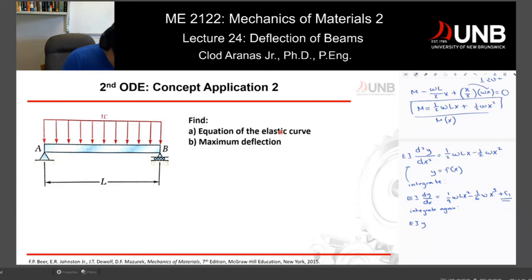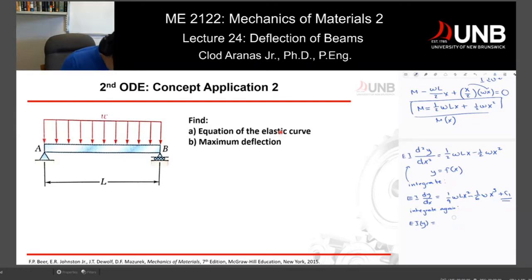So now it becomes EI times y. Now we integrate it again. So now that becomes x raised to 4. You will imagine that this will become a little bit messy, not much. It's not too complex in terms of integrating it. Just be very careful when doing this one. Okay, I mixed it up again.